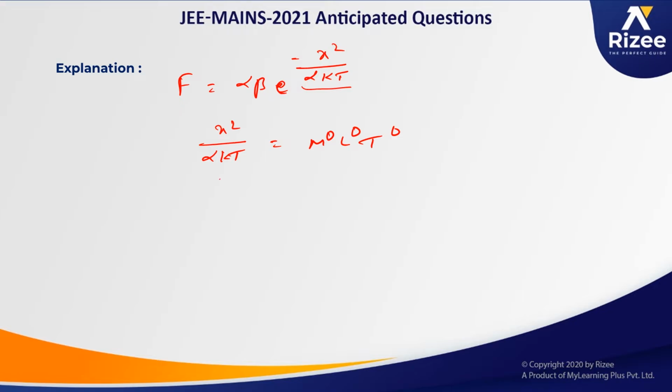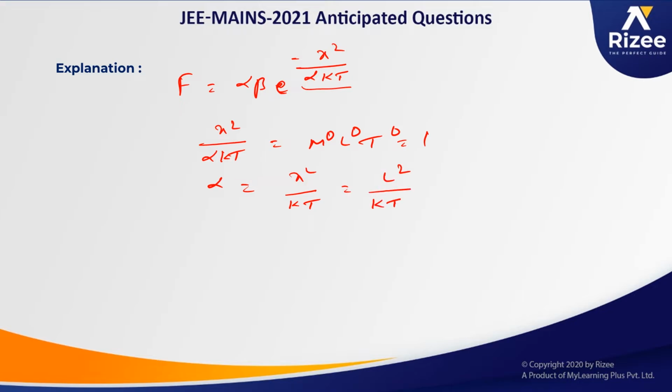On solving this, you can get the dimensional formula of alpha. Alpha is equal to x square by kT, where x is your length, so that is nothing but L square.